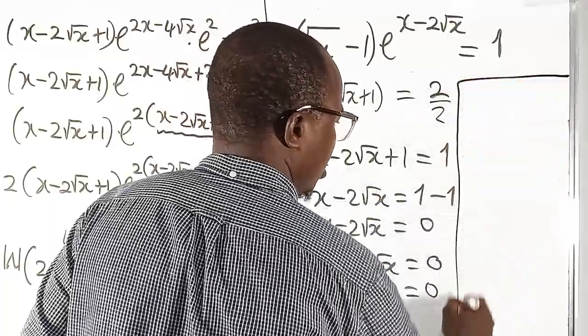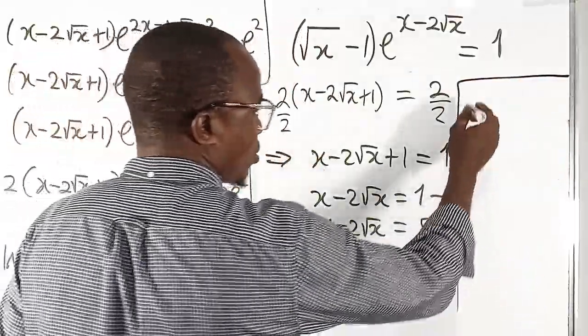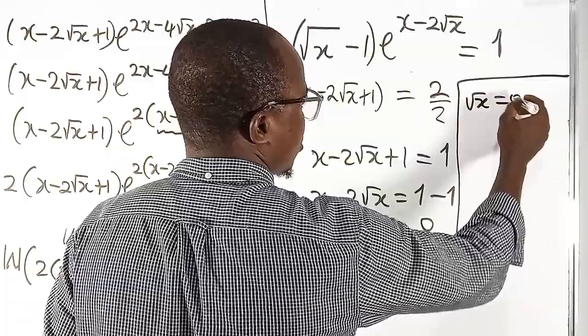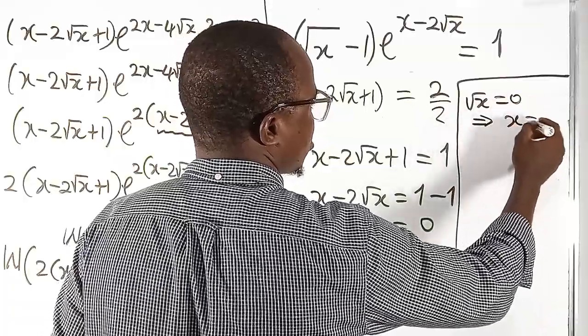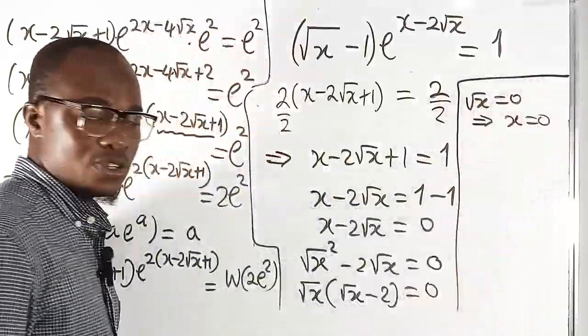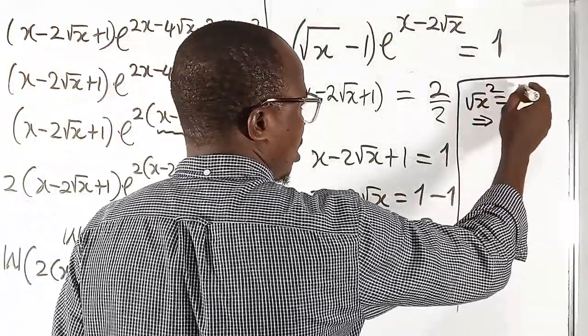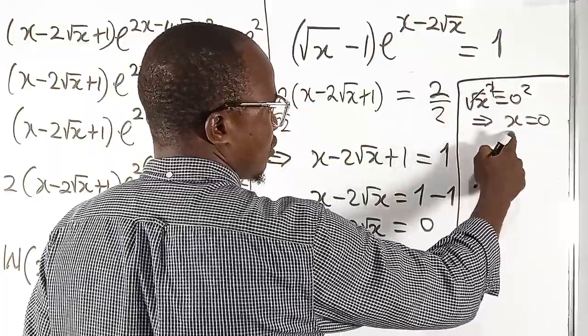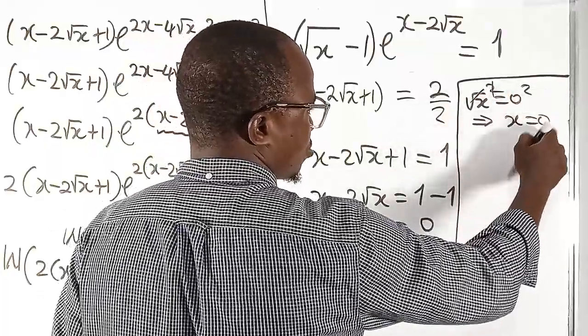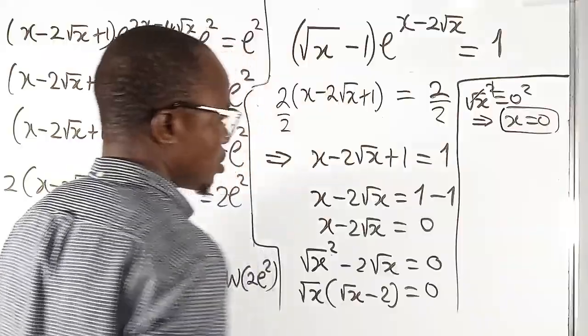So now from there, root x will be equal to 0. So automatically you have x to be 0 here if you square both sides of the equation. So if you square like this, we cancel this, we have x. 0 to the power of 2, we have this. So x equals 0.